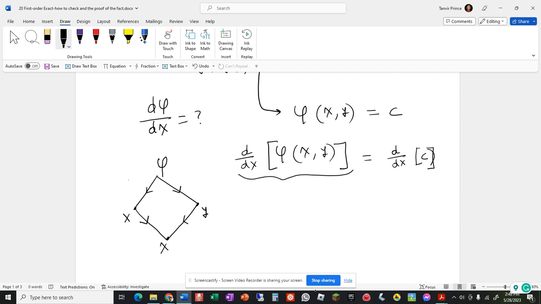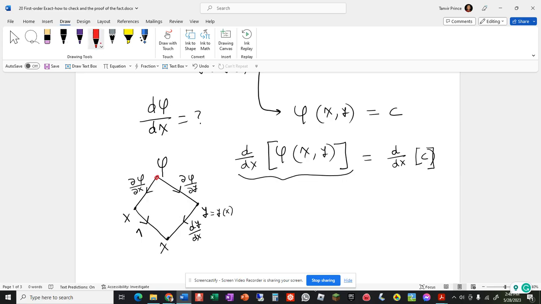This path is the partial of phi with respect to x. This one, we're taking the partial of phi with respect to y. Here, I'm taking the derivative of y with respect to x. In this case, we're thinking of y as a function of x, so it's just a one variable function, so we can use the d notation, not delta. Here, the answer is 1 because the derivative of x with respect to x is 1.